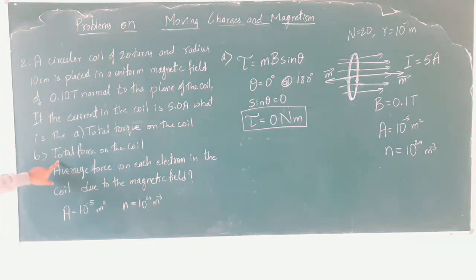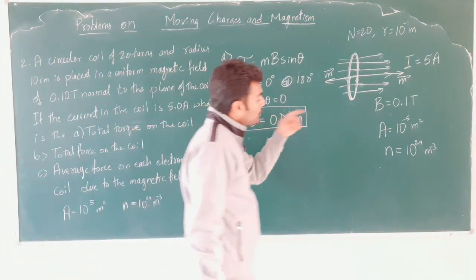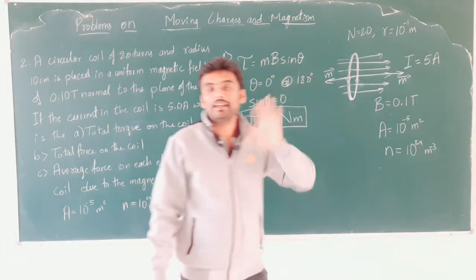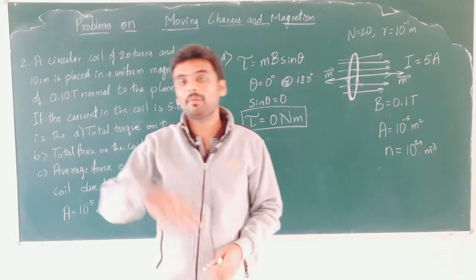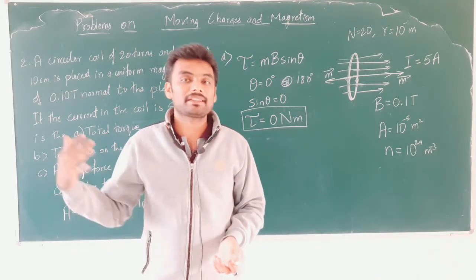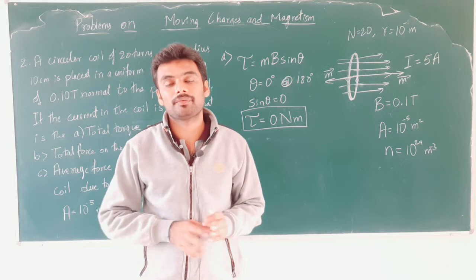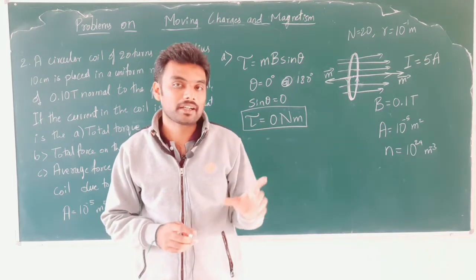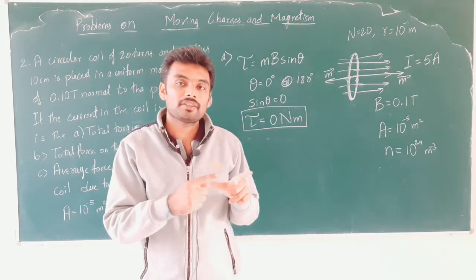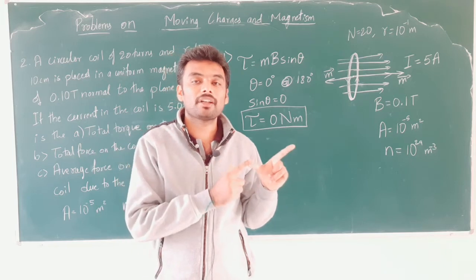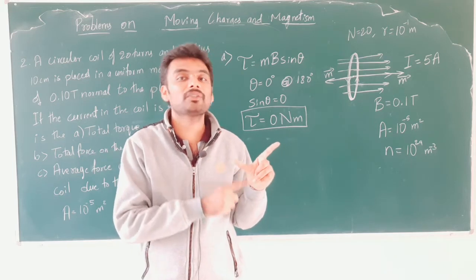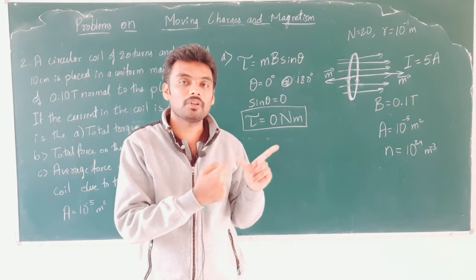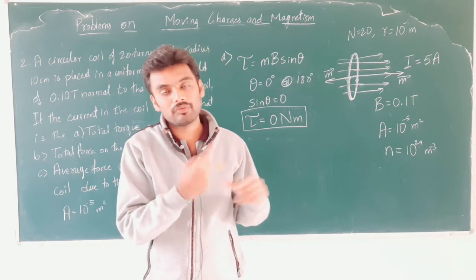Next is the total force on the coil. See, the total force on either an electric dipole or a magnetic dipole in the external field is always 0. If I take an electric dipole, the positive charge experiences a certain force, and the negative charge experiences an equal and opposite force, and hence the total force becomes 0.